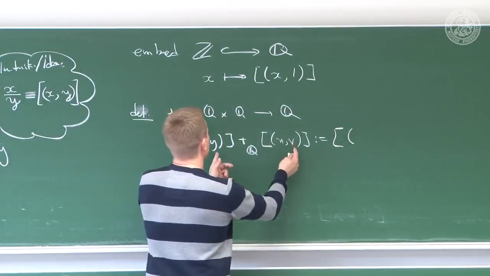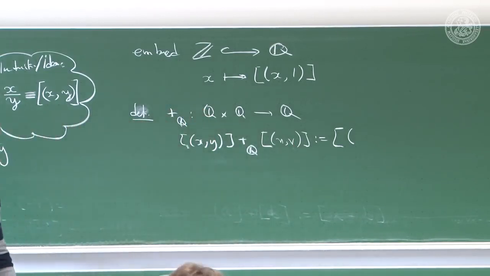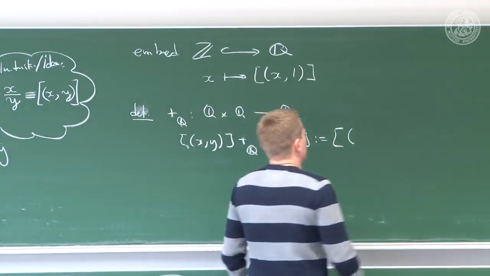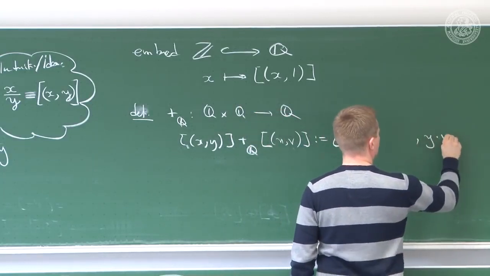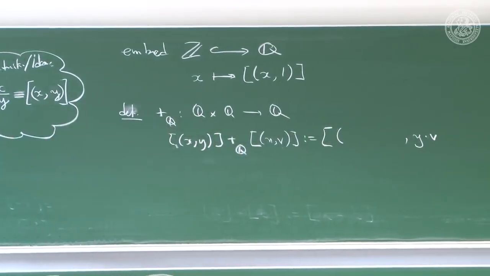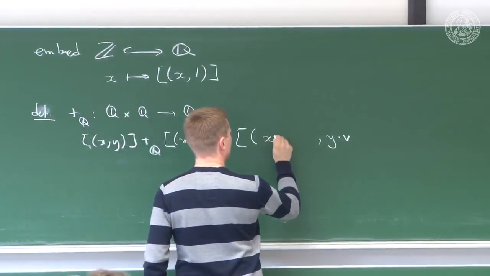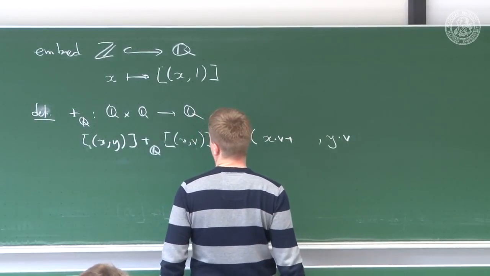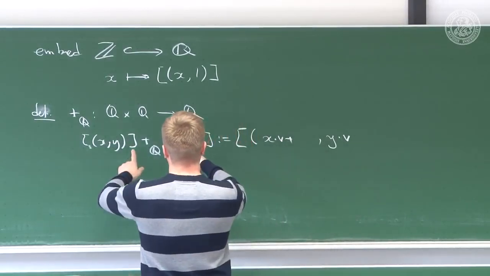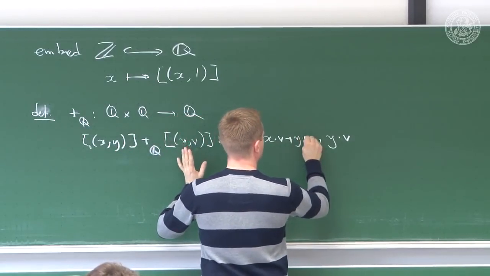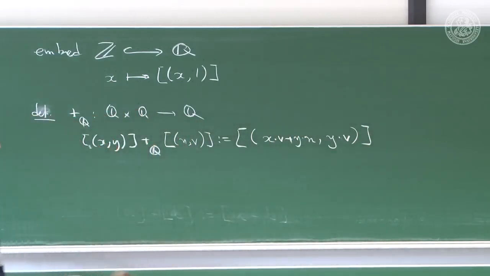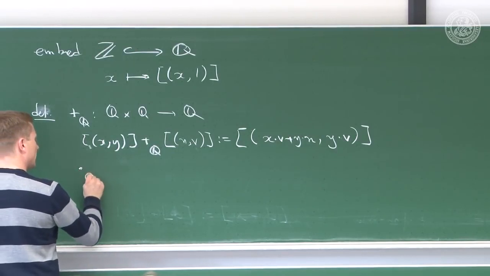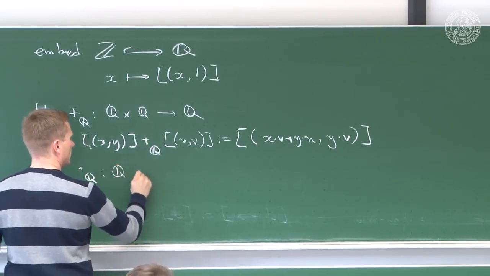You first have to get the fractions to the same denominator, and that trivially can be achieved by writing y times v. Is that correct? Yes. And then you have x times v plus y times u. Yeah, that's correct. So this is the rule given for the addition of fractions, and the rule for multiplication of fractions, that's the simple one.